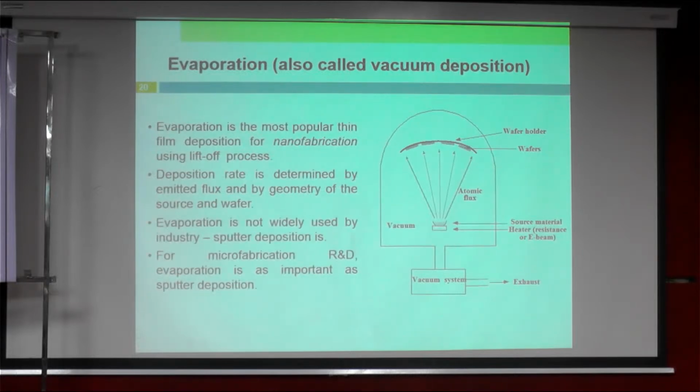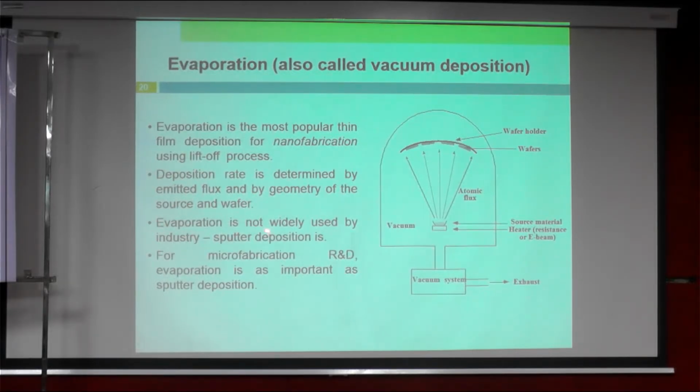Evaporation is the most popular thin film deposition for nanofabrication using the lift-off process, because in lift-off you want the deposited thin film to be basically a sacrificial layer. So you want to lift off. Deposition rate is determined by emitted flux and by the geometry of the source and wafer.